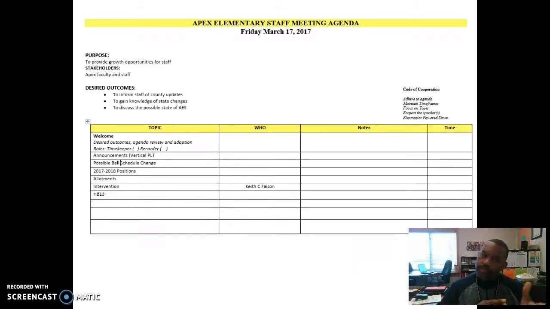I don't know if it's going to be their DIBELS, TRC, I don't know what part of M-class they're going to look at, but the number of months for intervention will be determined by our M-class data and our EOG data. Those number of months fluctuate from year to year anyway, but this is how it will be determined that the number of intervention months will be allotted to a school.